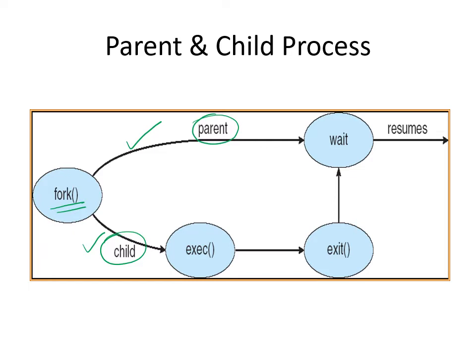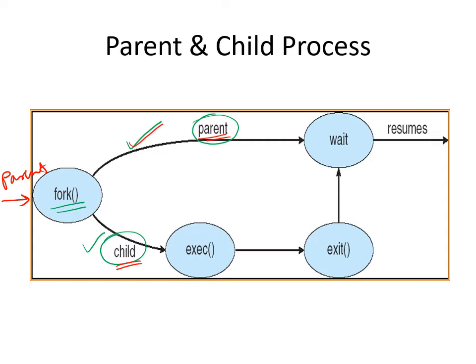So essentially what we see here is the parent was executing here, so there was just one parent process before the fork system call. Once the fork is executed, we now have the parent process which is separate from the child process. And note that both the parent and the child processes can continue executing concurrently.